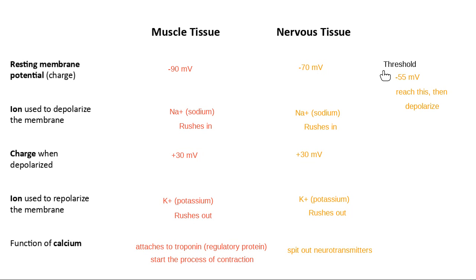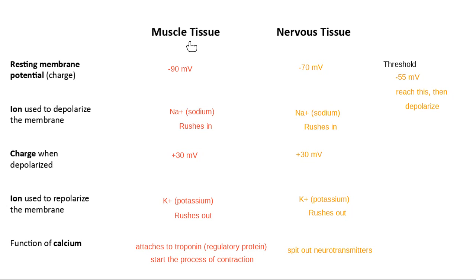This idea of having a threshold value actually only applies to nervous tissue. With muscle tissue, whenever it receives a neurotransmitter, it will always at least partially contract. So say a neuron spits out 2 neurotransmitters.